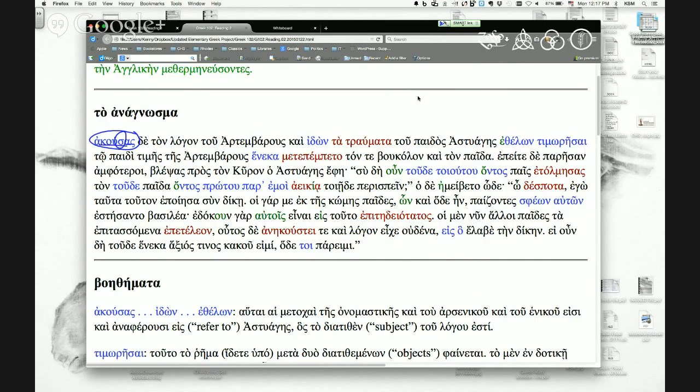Having heard, right? Having heard ton logon. So having heard the word of Artemines. Okay, would this be word? Yes, it would. It can mean word. The speech, right? Okay. So having heard the speech of Artemines, having seen the injuries of the child, Astruag is having wished.